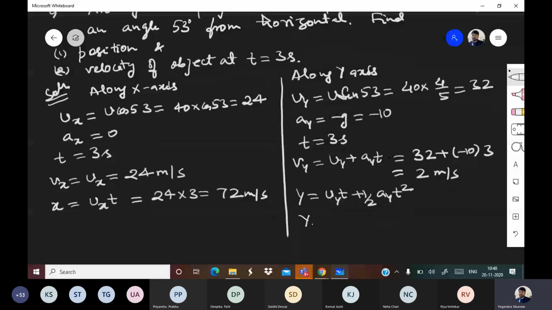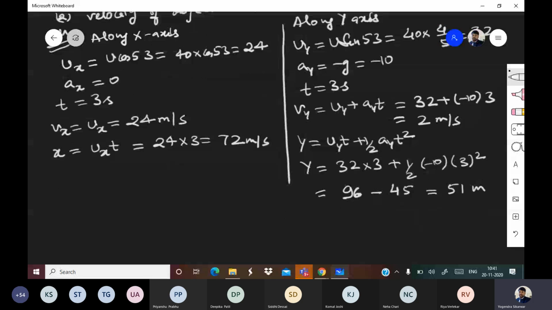So y will be 32 into 3 plus half into minus 10 into 3 square. So 32 into 3 is 96 minus 45. How much that becomes? 51.